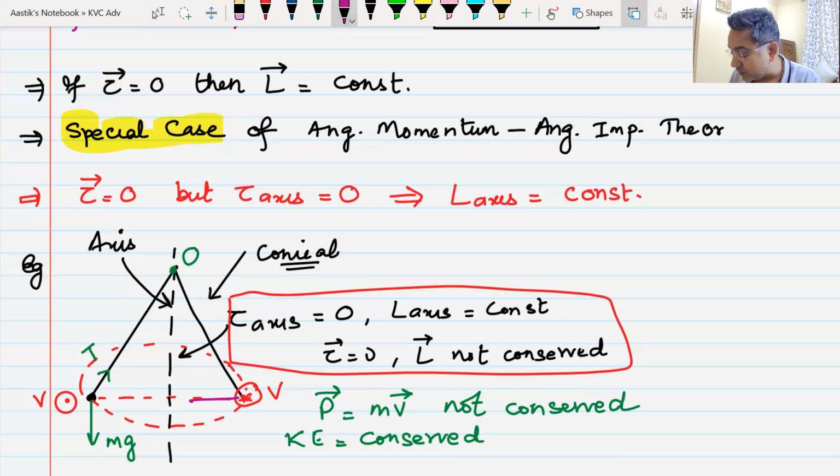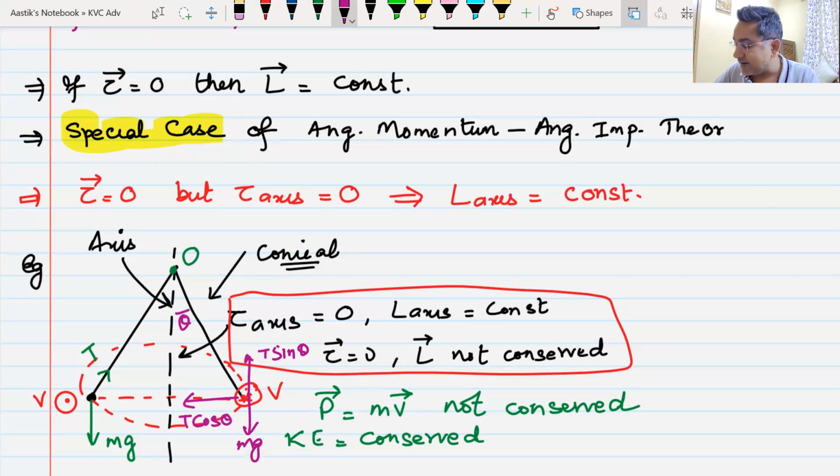If I draw the free body diagram, you will see that if this is theta, this will be your T cos theta, this would be your T sin theta, and this is your mg.